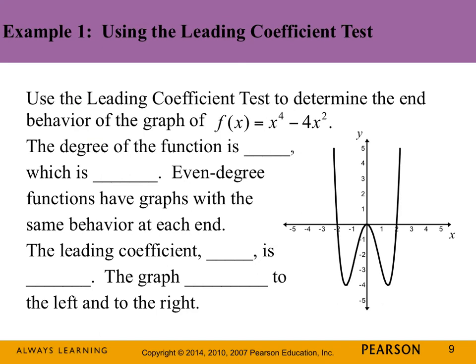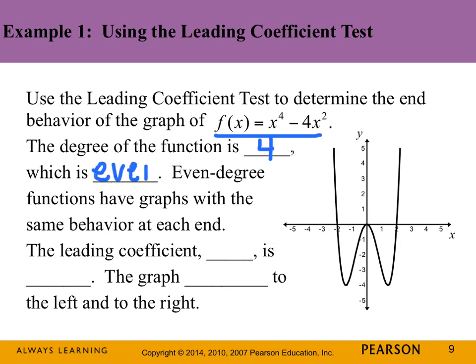So here we are in example 1, where we're going to try to use the leading coefficient test on this function f of x equals x to the fourth minus 4x squared. The degree of the function, well, the largest exponent we have is 4. So the degree of the function is 4. Now, is that even or odd? Why, it's even.